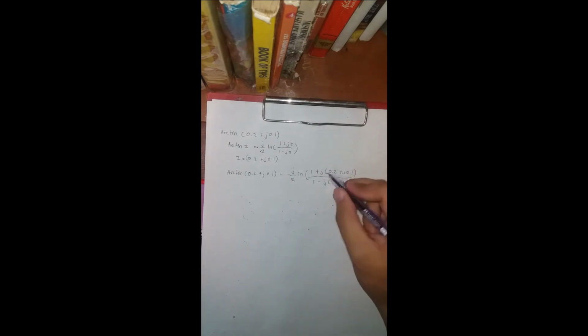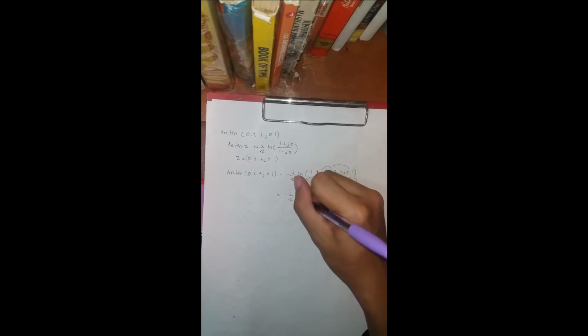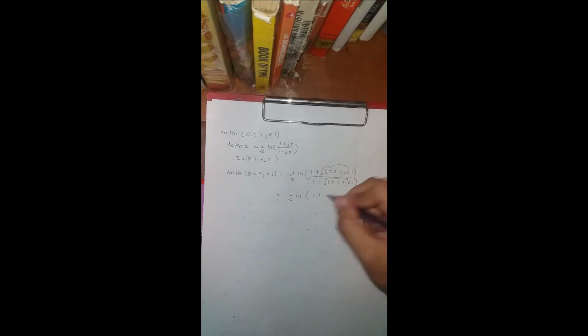Okay, so here we distribute the j, so we get negative j over 2 ln of 1 plus 0.2j, and j times j will be negative 1, so negative 0.1, all over 1 minus 0.2j. So negative j times j will be positive, so plus 0.1.